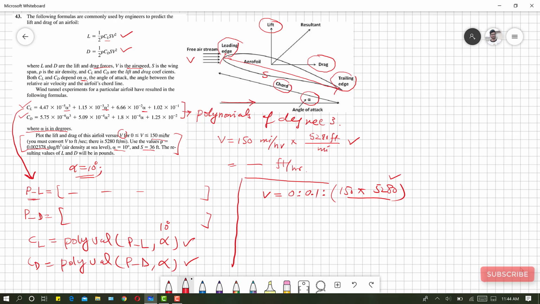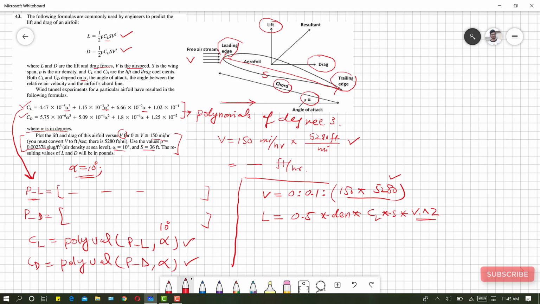And then I will use this L formula. So I will write L is equal to 0.5 multiplied by density. Let's suppose I define the density as DEN, and then we will write CL. CL will be known now, and then we will multiply it by S, and then multiply all these by V square.